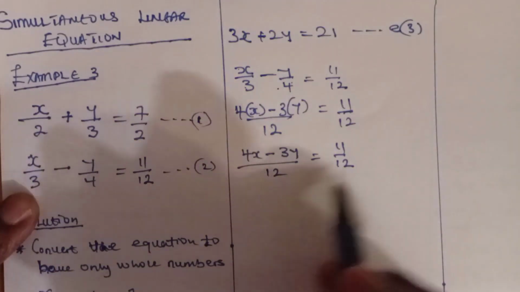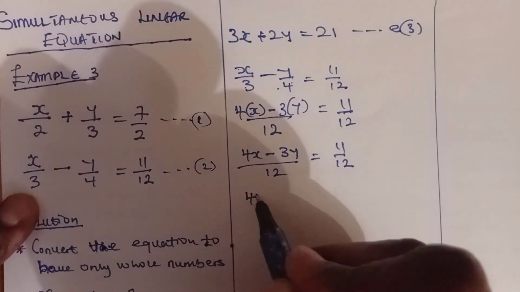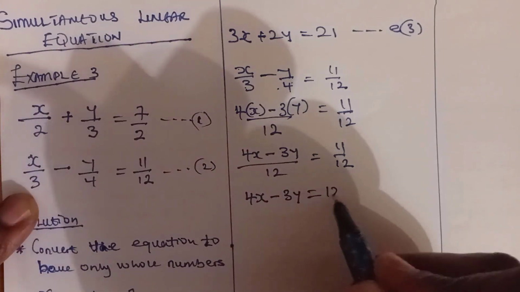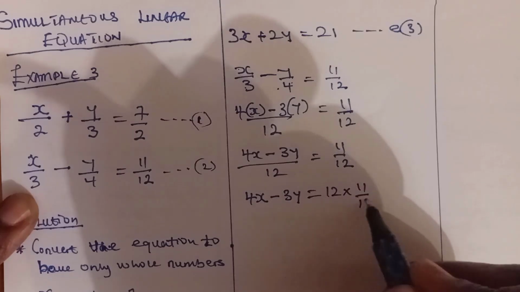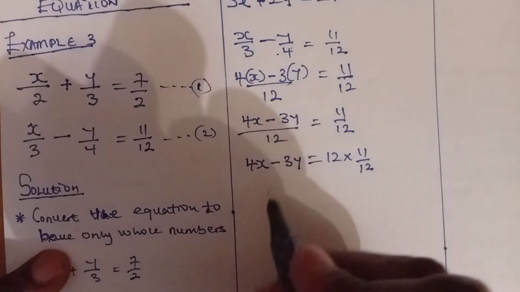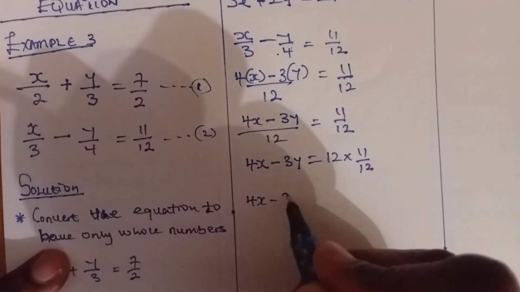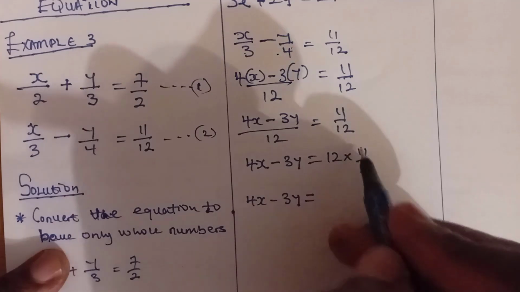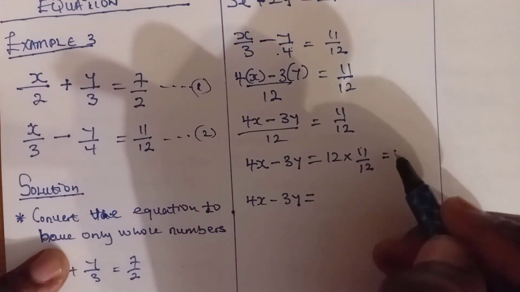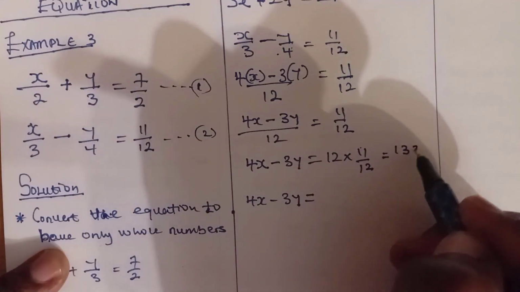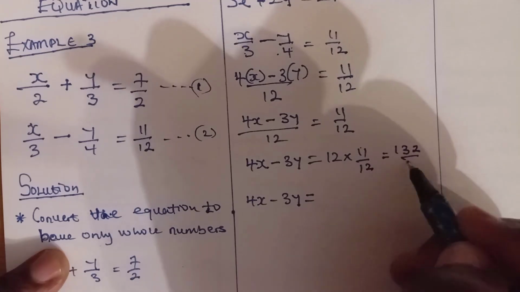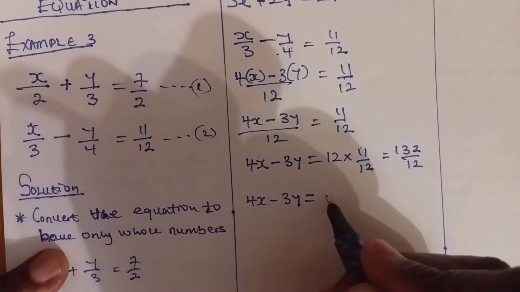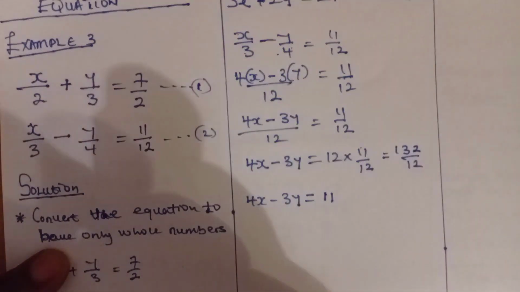Again, we can open the bracket, so we have 4x minus 3y all over 12 equals 11 over 12. So again, we can cross multiply, so we have 4x minus 3y equals 12 times 11 over 12. 12 times 11 is going to give us 132 over 12, which gives us 11.